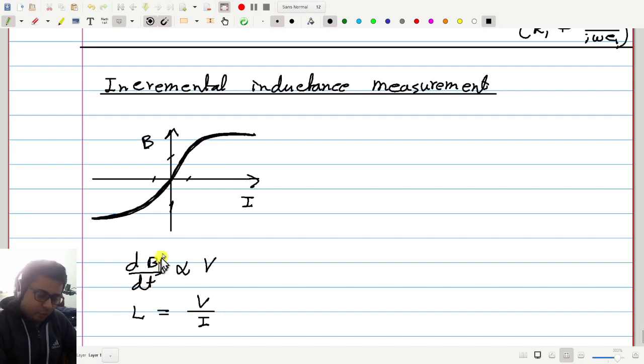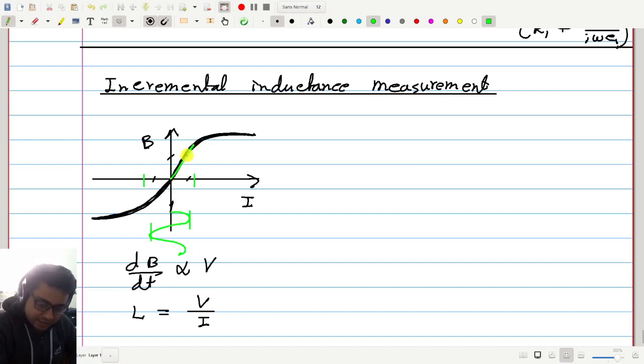Now suppose we have applied a sinusoidal current. Current is varying like this, and it is varying between this range, from here to here. Then what will happen?